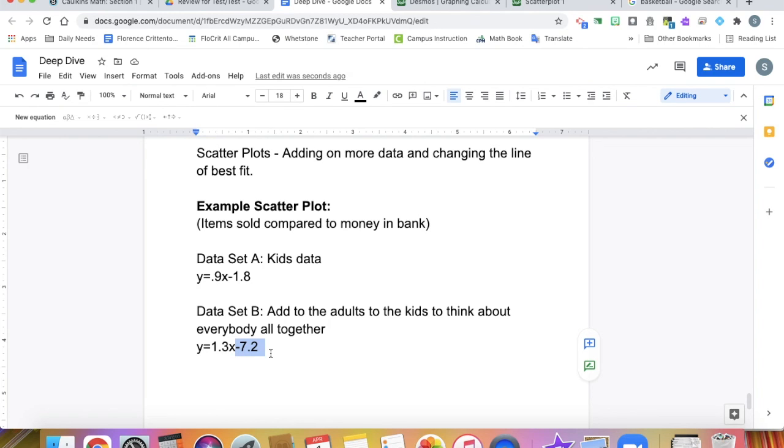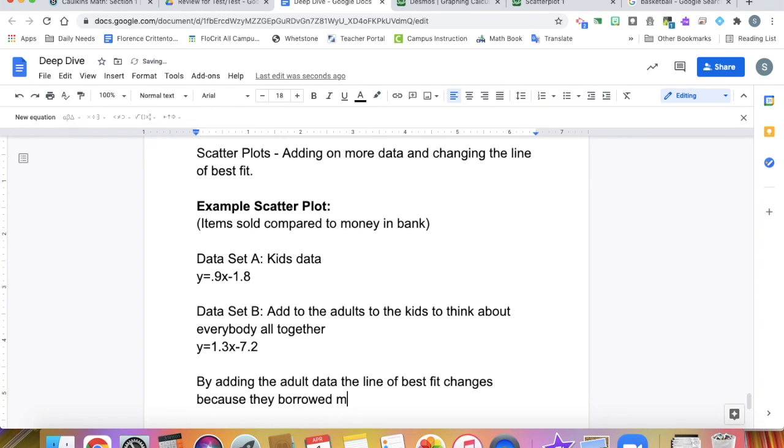So when we added them all together, it made it look like on average people were borrowing about $7.2. So by adding the adult data, the line of best fit changes because they borrowed more money in the beginning.